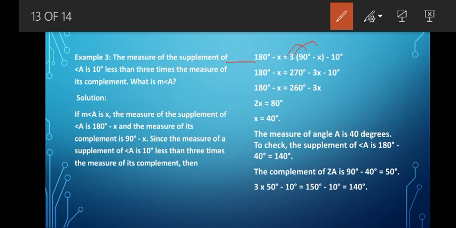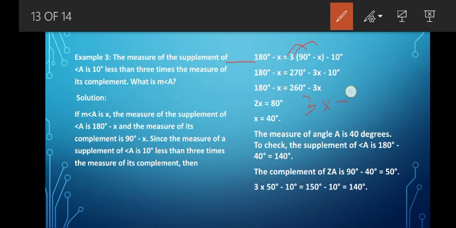Then, copy negative 3X. Dito naman, paano naging 2X or saan nanggaling yung 2X equals 80 degrees? Lipat natin yung 3X sa kabila, or add natin yung like term. So, magiging 3X, yung negative is magiging positive.